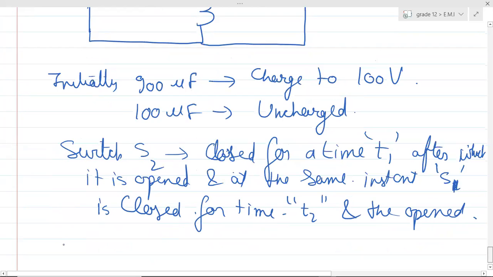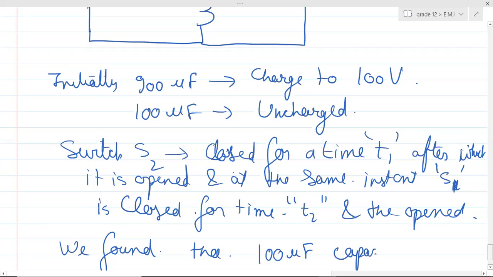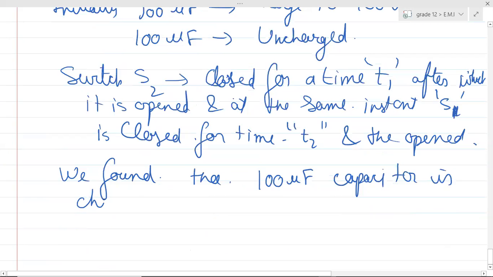Observe, when we did that, we found that the 100 microfarad capacitor is charged to 300 volts.